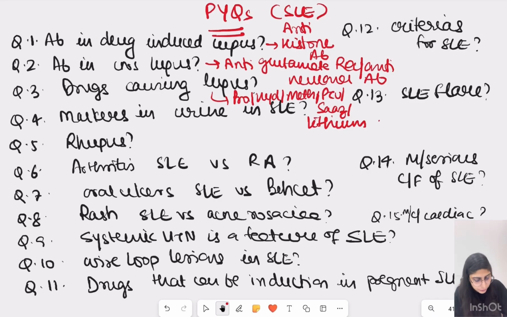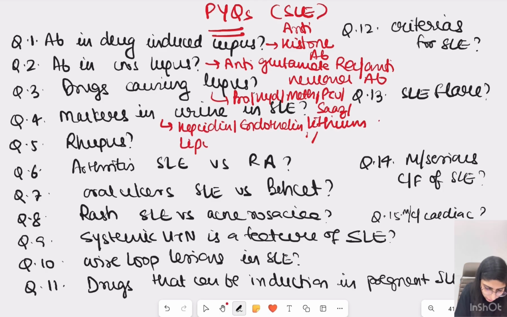Markers in urine for SLE: hepcidin, endothelin 1, then lipocalin 2, and then there is a urine MCP1 marker.